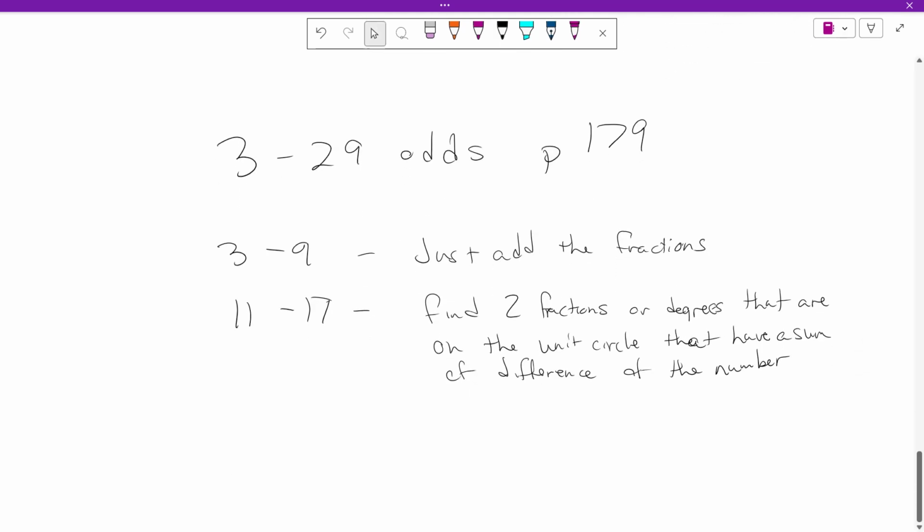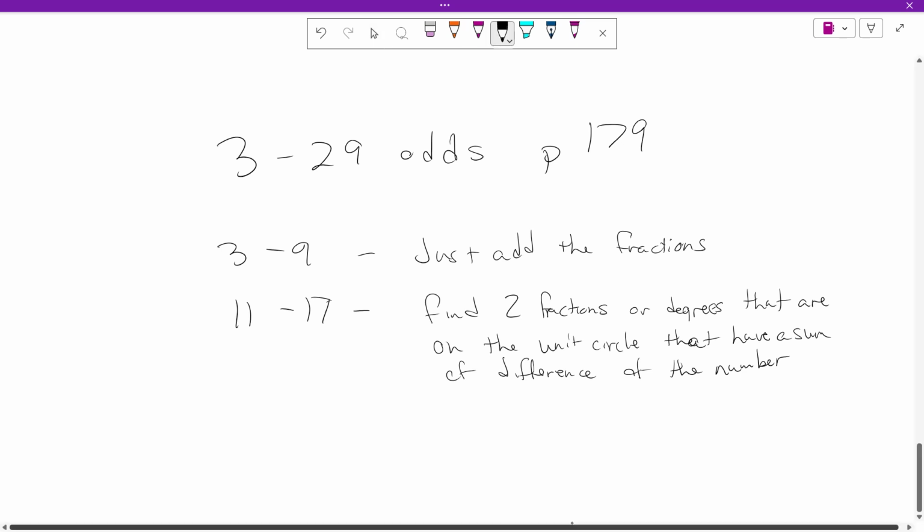But you don't have to solve everything out. It's just like what we did at the very start of finding two fractions that add up to be it, or two numbers. So if I have 75 degrees, it'd be 30 and 45, and that's all you write down. That's really quick. If you have pi over 12, it'd be 3 pi over 12 minus 2 pi over 12, which is pi over 4 minus pi over 6. You find two fractions, or you find two numbers that add or subtract to be that.